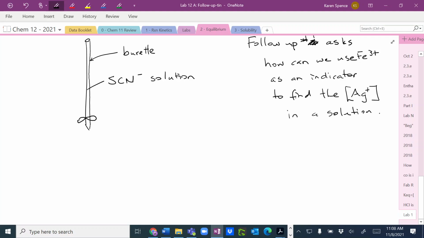A beaker. Is this what you did? Is that what it looked like? Was that your setup? An Erlenmeyer flask, yes. Okay.